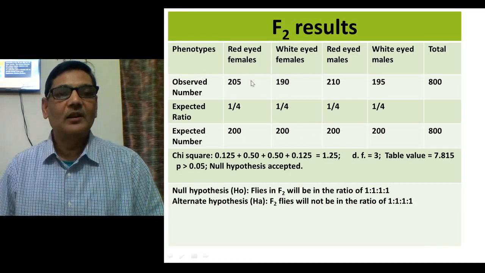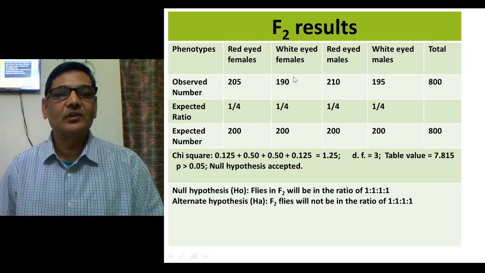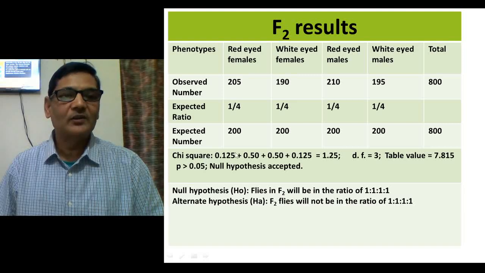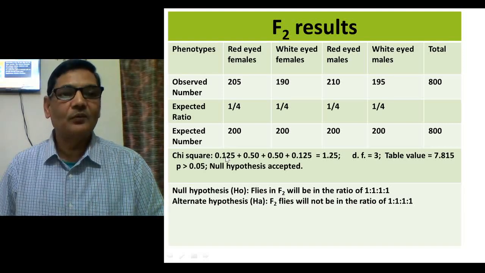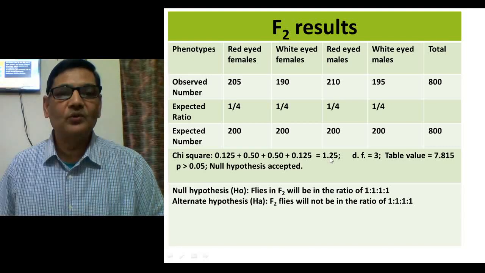Now you can perform the chi-square test here also to see whether a significant difference exists between observation and expectation. For this purpose, you apply the chi-square test, and the chi-square values obtained for each class are given. Their total comes to 1.25.